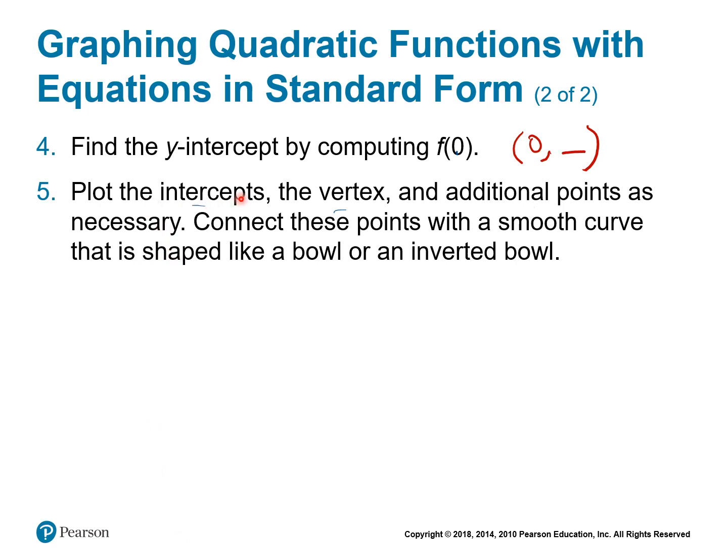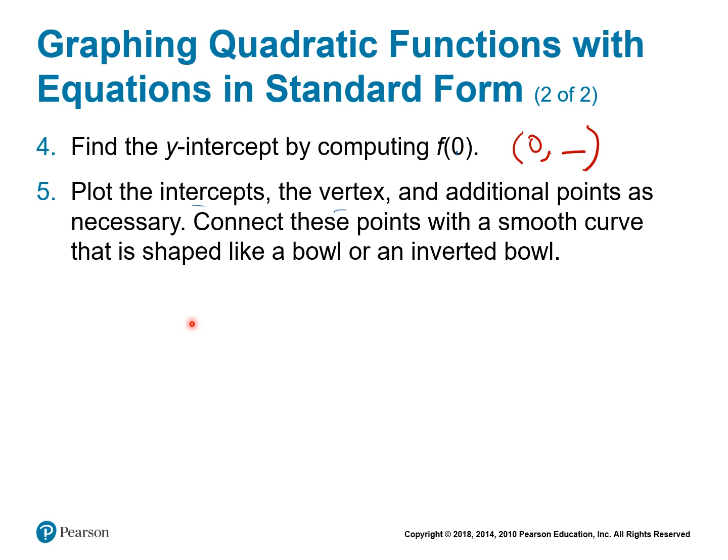You plot the intercepts, the x and y intercepts. You plot the vertex, and maybe another couple of additional points if needed. But I think 3 points are quite adequate, actually 4 points, almost 5 points.